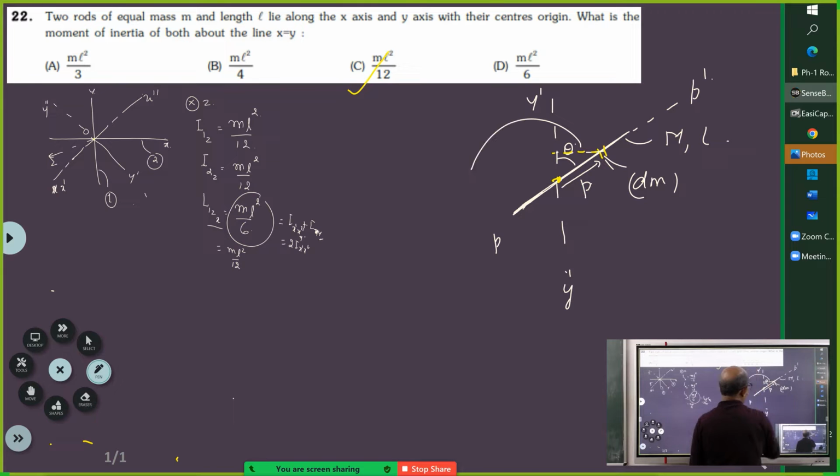And this perpendicular distance will be what? That will be p sin theta. Excellent.